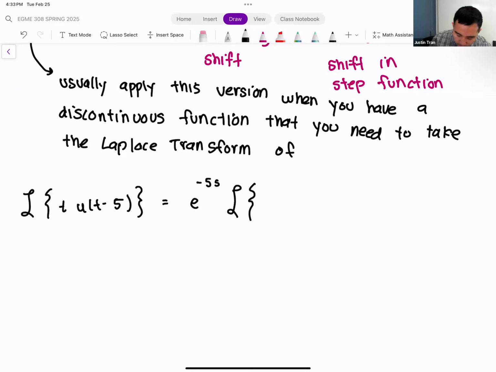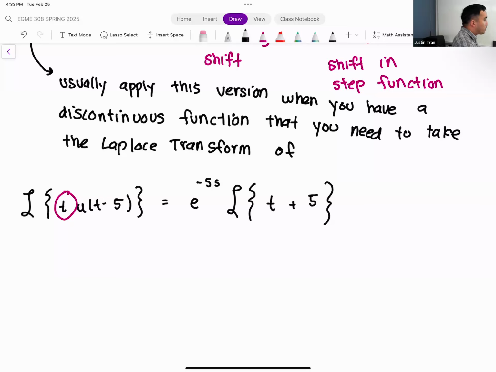So instead of taking the Laplace transform of t, we know that our shift is 5, and so we're going to take the Laplace transform of t plus 5. And then the e to the minus 5s, we can just ignore that for now.